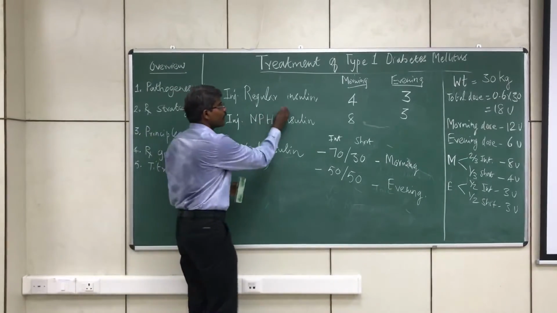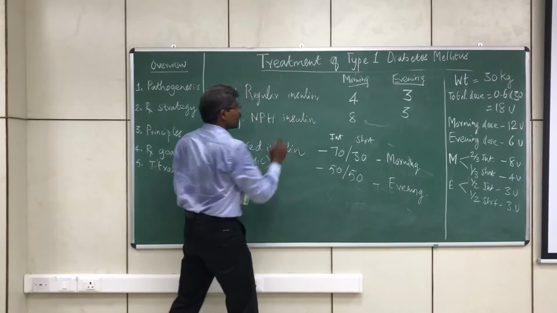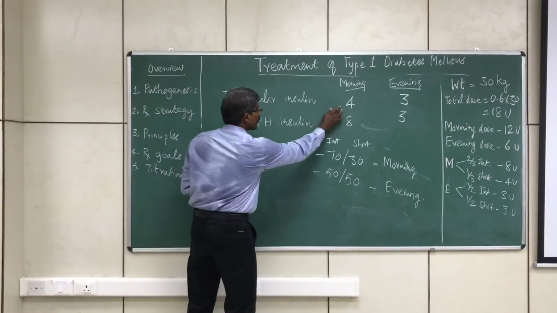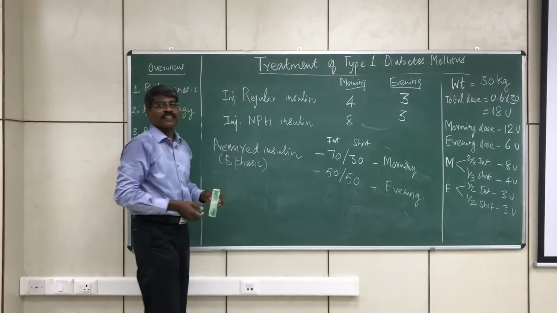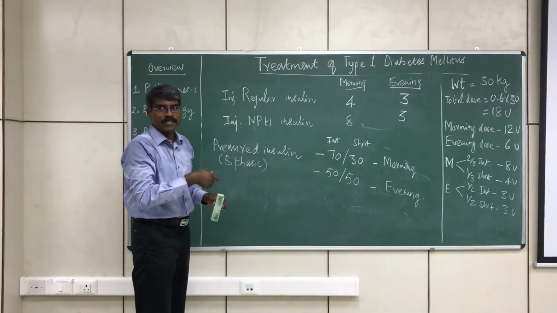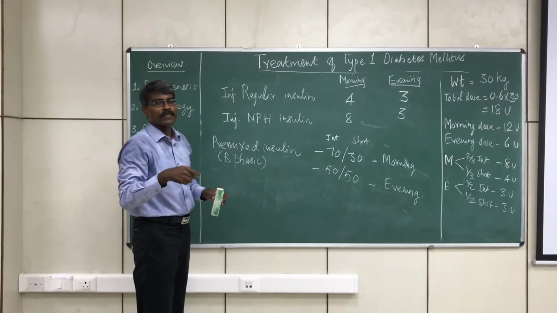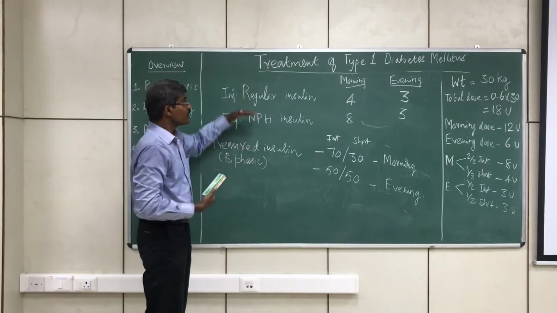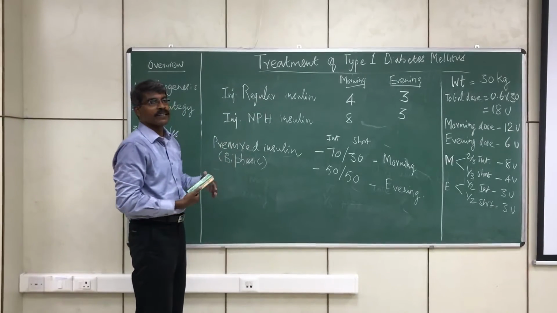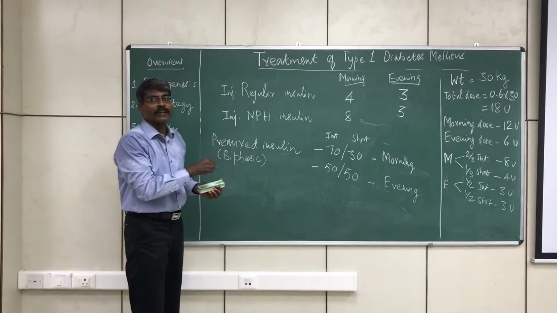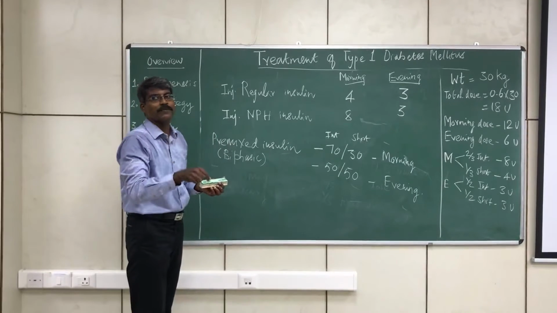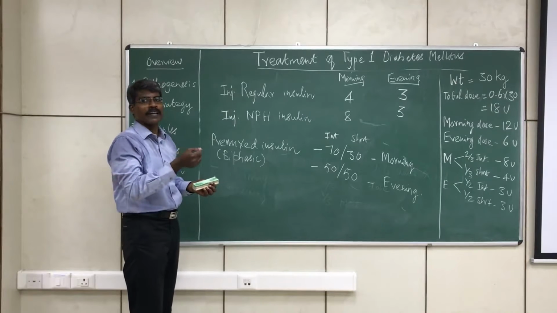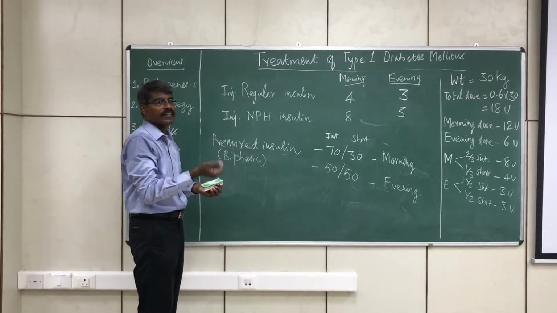Now when we have these two vials, regular insulin and NPH insulin separately, always ask the patient to take regular insulin first in the syringe, 4 units, then in the same syringe take NPH insulin, 8 units, and inject it subcutaneously. The reason is that if we take regular insulin after using the same needle in NPH, a small amount, maybe 1 drop, might get contaminated.